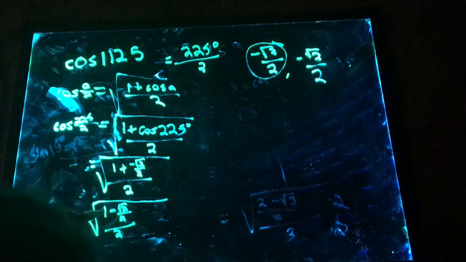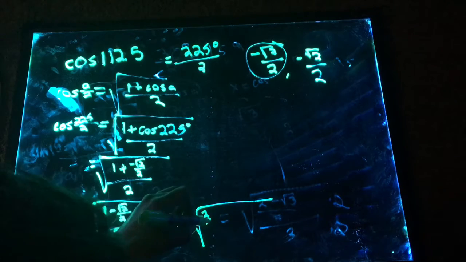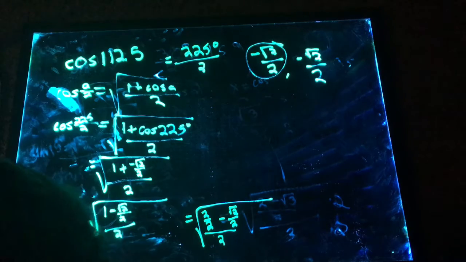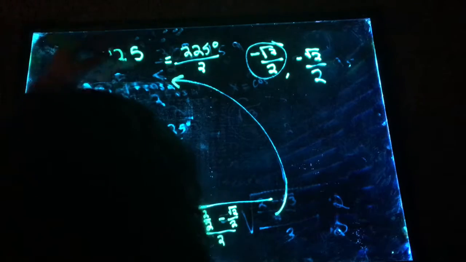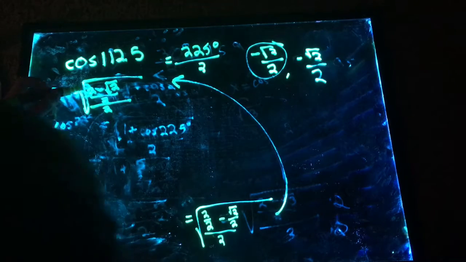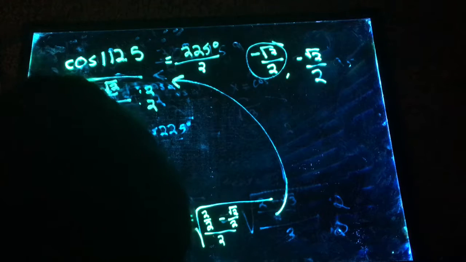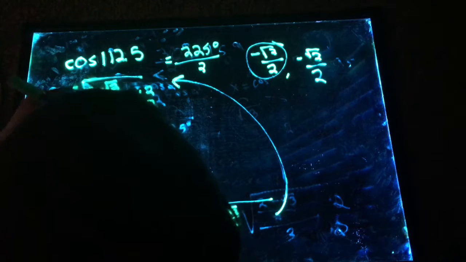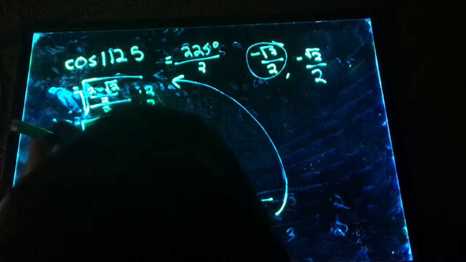And then in order to subtract the top numbers in the numerator, we're going to have to change 1 into the common denominator, which is going to equal, and this simplifies into, and then now we're going to multiply both the top and the bottom by 2 so that we can cancel out the denominator, and that's going to give us, and then we can square, since 4 is a perfect square, we can square that, and that would give us the square root of 2 minus the square root of 2, all over 2.